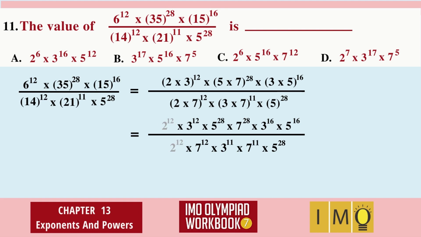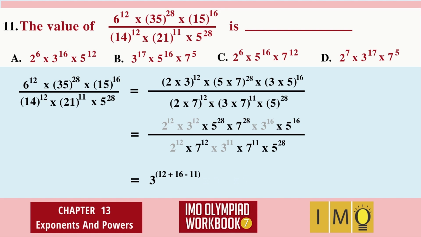Next, let's group the terms with base 3. We get 3 to the power of 12 into 3 to the power of 16 divided by 3 to the power of 11. That becomes 3 to the power of 12 plus 16 minus 11.